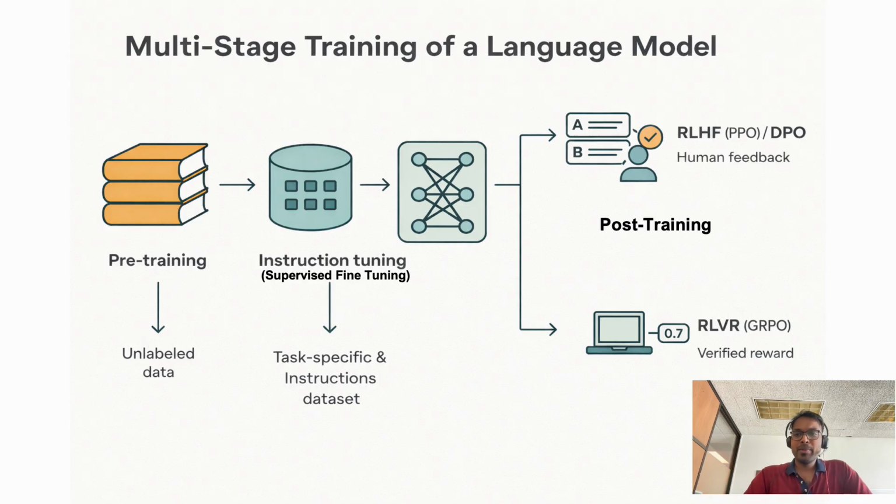So we'll be looking at this third stage of post training in the subsequent slides. But essentially, the thing to keep in mind is that there are these three stages of a typical frontier model that people generally use.